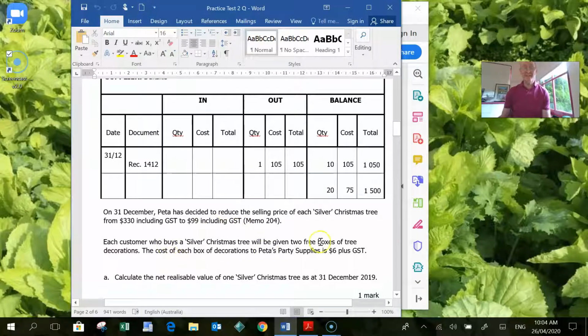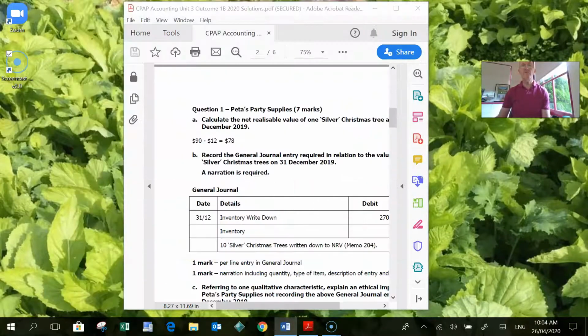Each customer gets 2 boxes of tree decorations. Each box costs $6. So why some of you decided to add that, I don't know, right? Because net realisable value, net means a gross figure less something, right? So $90 minus the 12, which is the 2 boxes of decorations, gives you an NRV of 78.